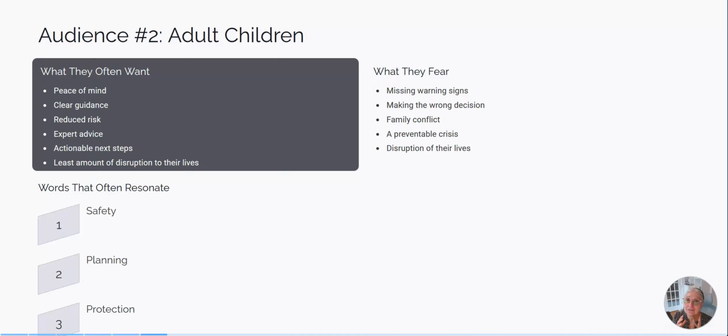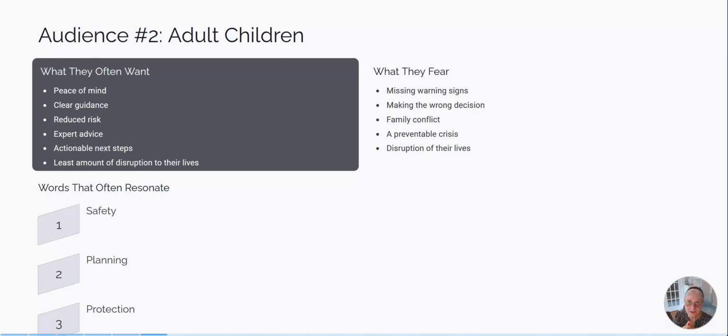But what they fear is missing the warning signs, I shoulda, coulda, woulda, making the wrong decision, choosing the wrong assisted living, choosing the wrong doctor, not choosing the good doctor. There are so many decisions involved in the process. Family conflict, especially with siblings, uncles, aunts, whatever.